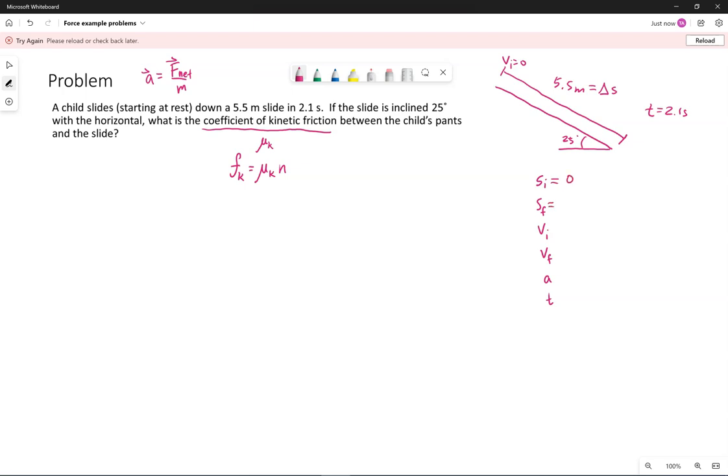So that's why I'm jumping to this point. If I say the initial position is 0, the final position is 5.5 meters. I know the child starts at rest. The problem tells me that specifically. I know the time. I need acceleration in order to relate this information to the forces. So in terms of kinematic equations, the one that has S initial, S final, time, and acceleration, I think it was the second one.